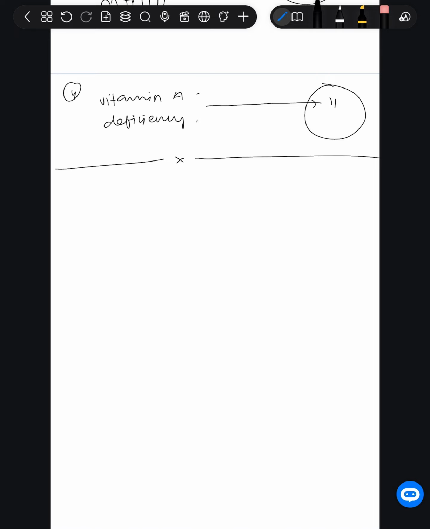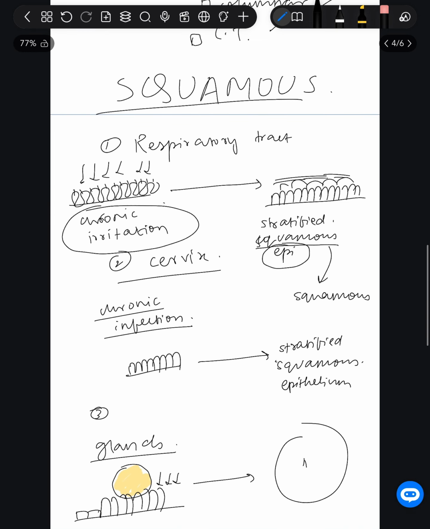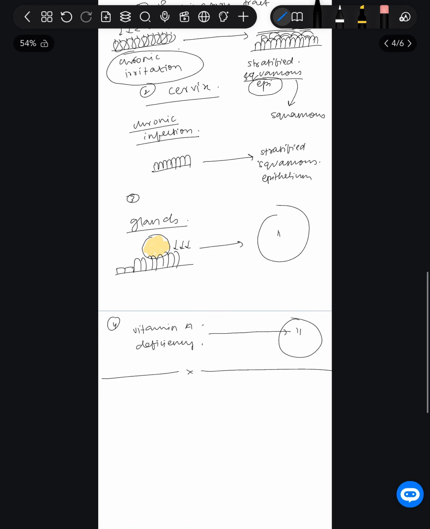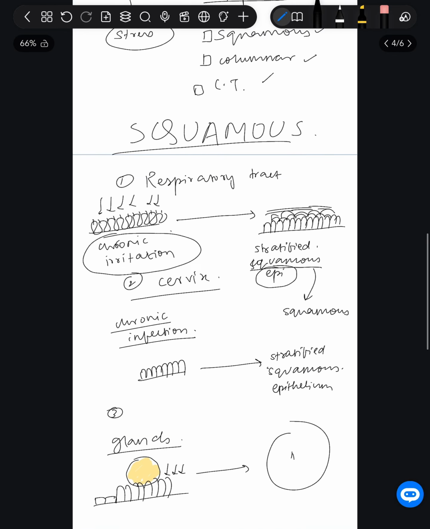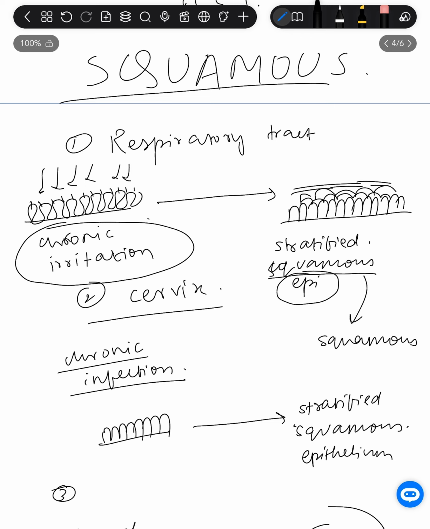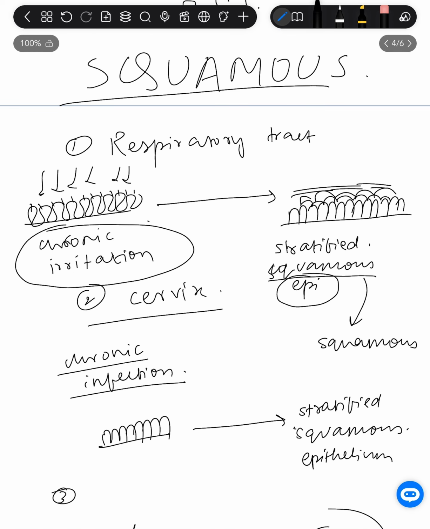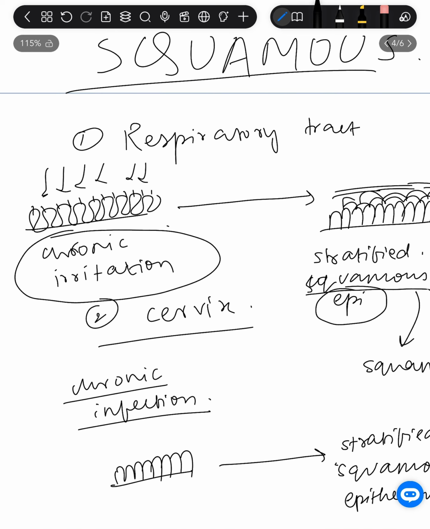Okay, moving on. I told you this is converting into stratified epithelium. Tell me one thing. Let's consider the respiratory tract first. In the respiratory tract, when it was pseudostratified with cilia, it had so many other actions also. We know that the ciliated movement of the respiratory epithelium propels the dust particles and the microorganisms out.